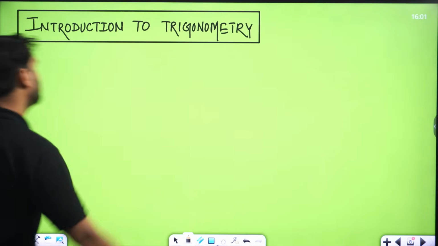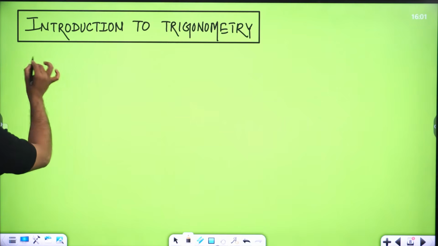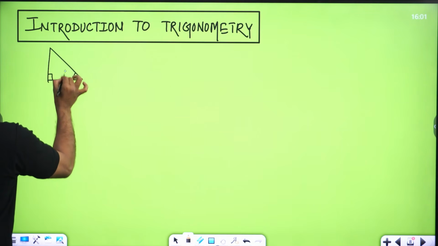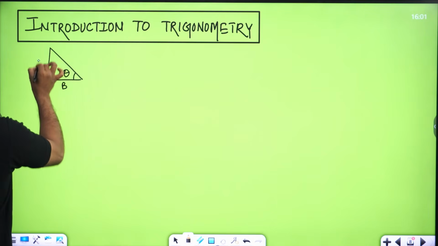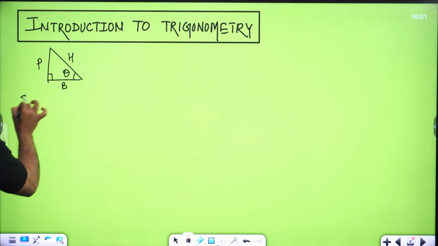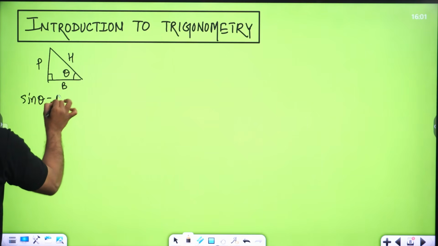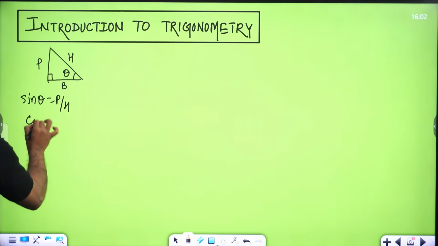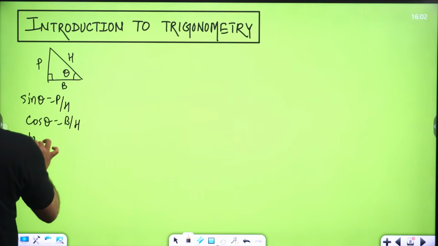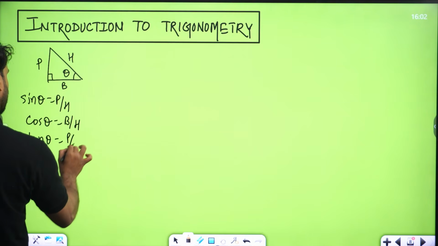Introduction to trigonometry. This is very important. In trigonometry, you all know, if we talk about a right angle triangle and theta is here, then for this theta, this will be the base, this perpendicular, and this is the hypotenuse. So you know this: sin theta is equal to perpendicular by hypotenuse, cos theta is equal to base by hypotenuse, tan theta is equal to perpendicular by base.